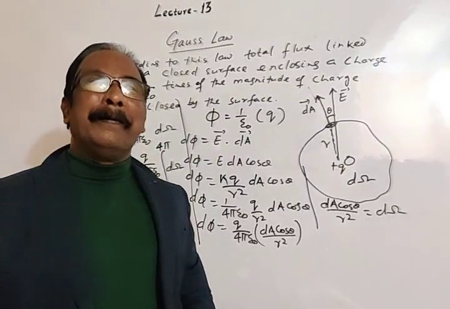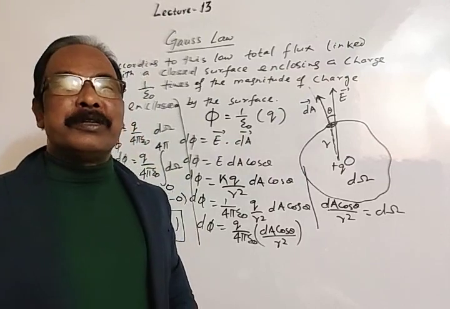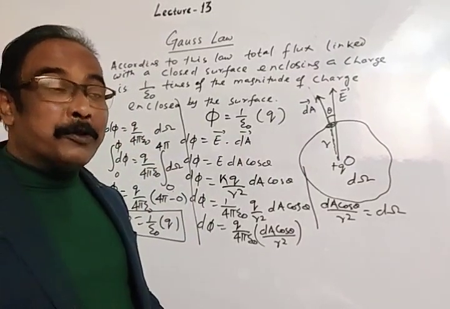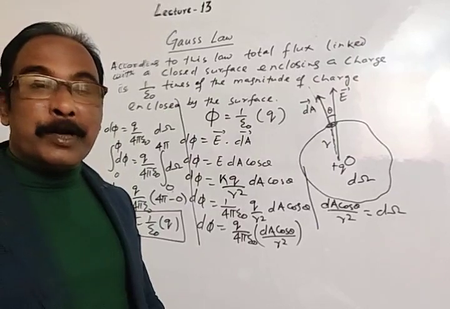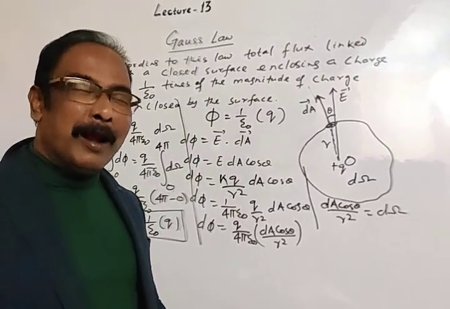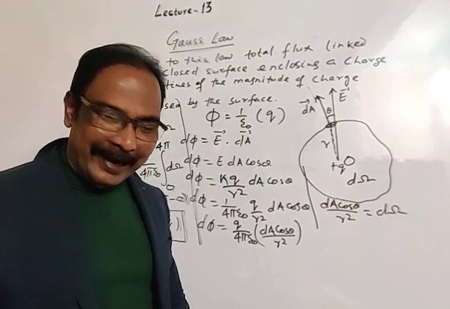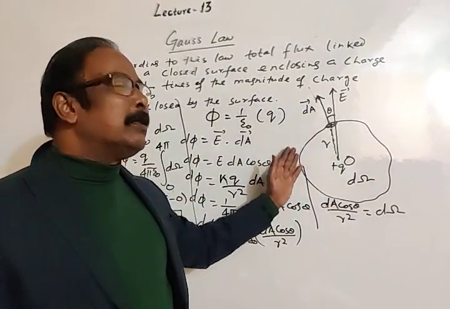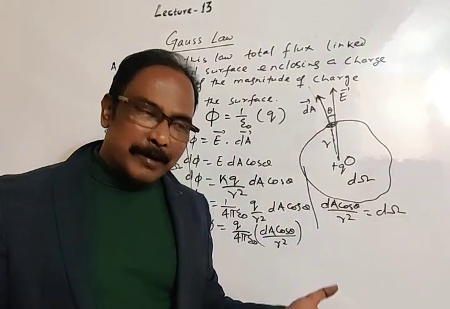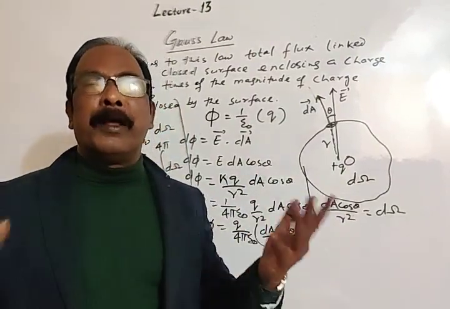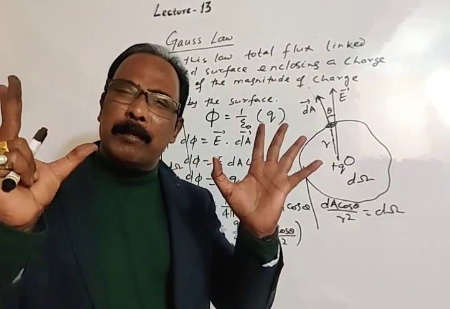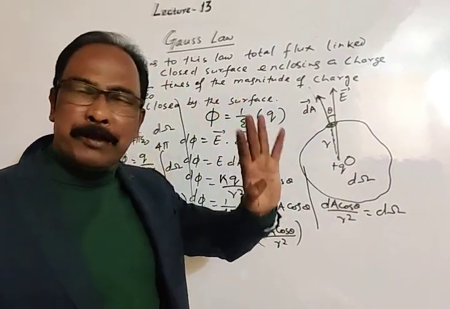Gauss law makes easier the situations in which Coulomb's law, or applying the superposition principle of electrostatic force or Coulomb's force, is difficult. Any imaginary surface, may be spherical, cylindrical, cubical, or of any irregular shape, enclosing a charge.